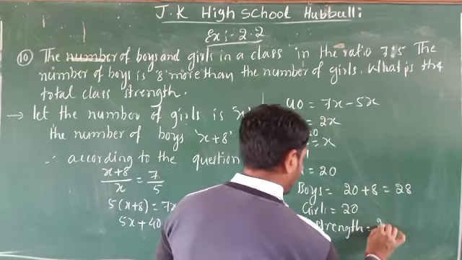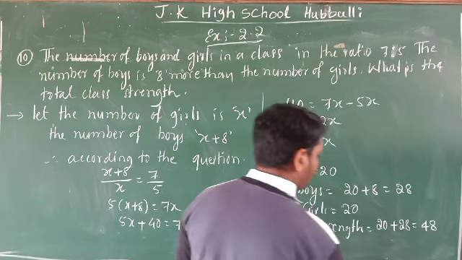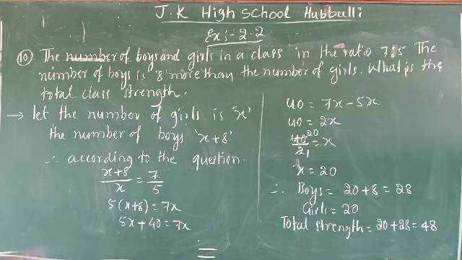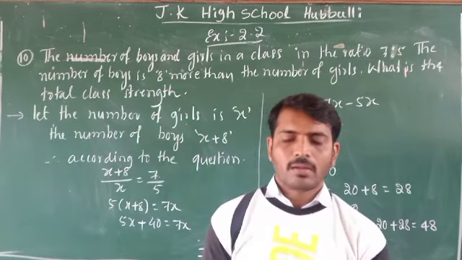Total strength, 20 plus 28 is equal to 48. Clear? Okay children, thank you. Have a nice day.